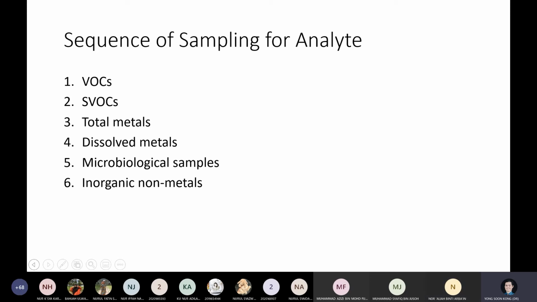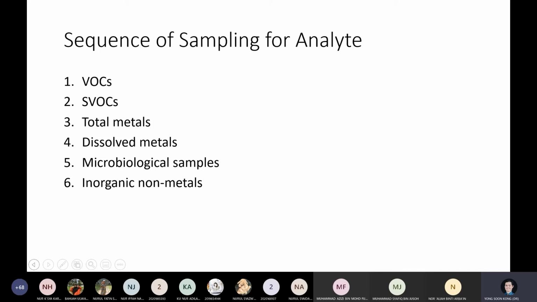Okay, now total metal by definition is every single metal that is contained in your sample, either soil or liquid sample. Air I don't count, because usually in air, the volatilized metal only consists of mercury. The others are less likely. Now total metal includes every single thing. That includes the metals that are soluble, and metals that are not soluble and not available to humans.